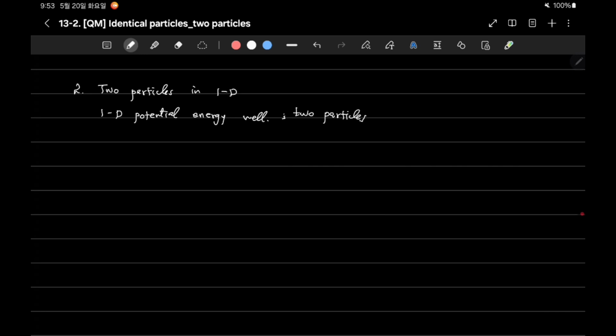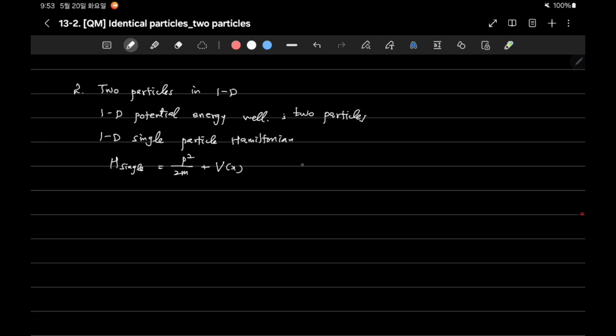We already know the solution for the potential well of a single particle, which is studied in the undergraduate course. The one-dimensional single-particle Hamiltonian is the kinetic energy plus the potential energy.